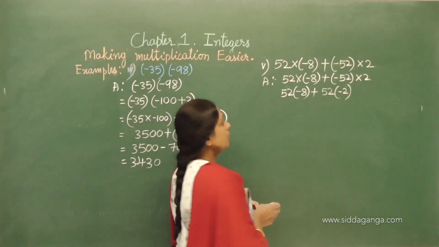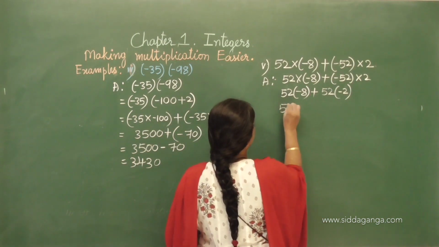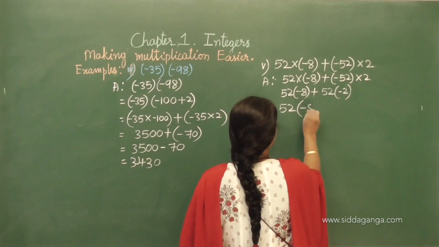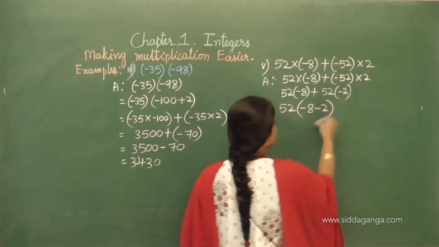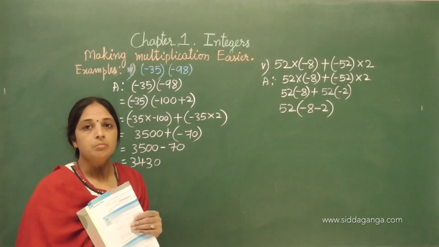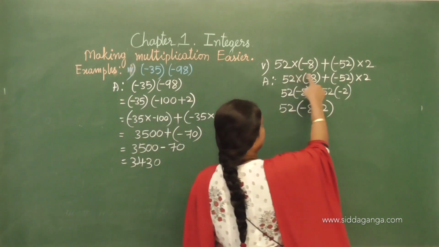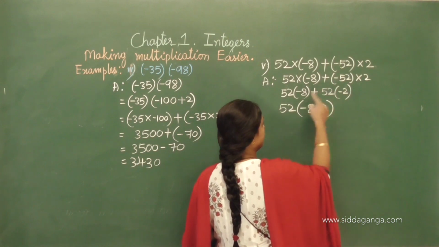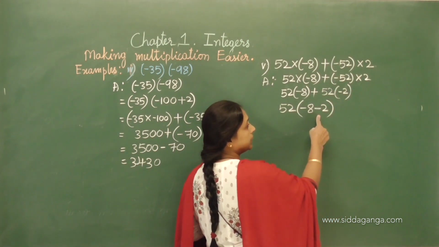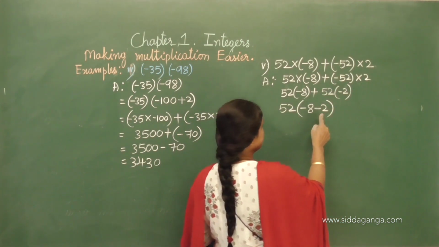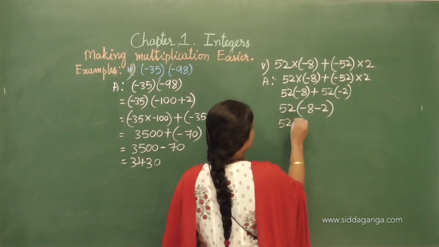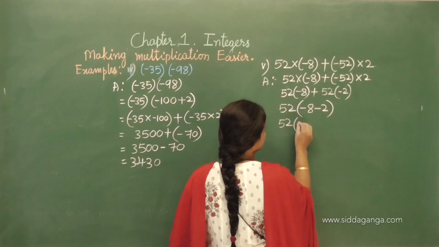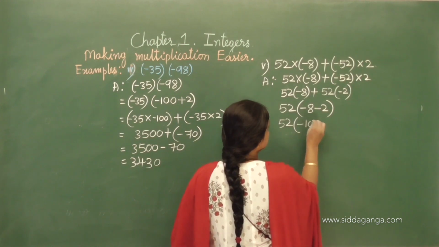Take out the common number, then we get 52 into minus 8 minus 2. Add both of these, minus 8 minus 2 is minus 10.